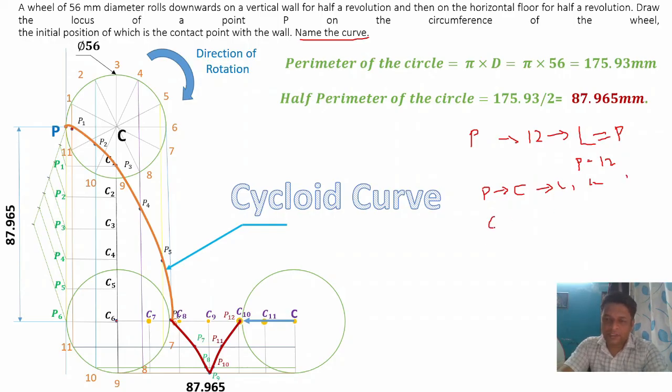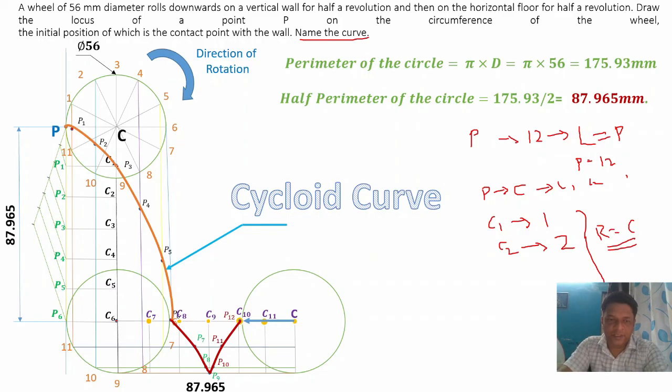Then for C1 we'll draw a line passing through point 1. For C2 we'll mark the point on the line 2. And for every case we'll take the distance equal to the radius of the circle in the compass, and as per that you have to mark.